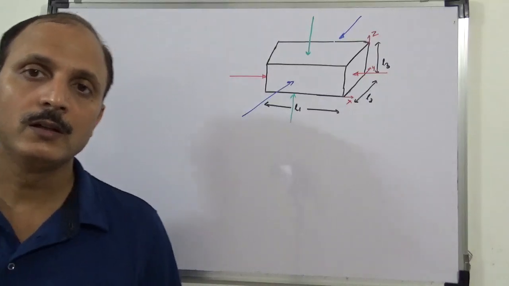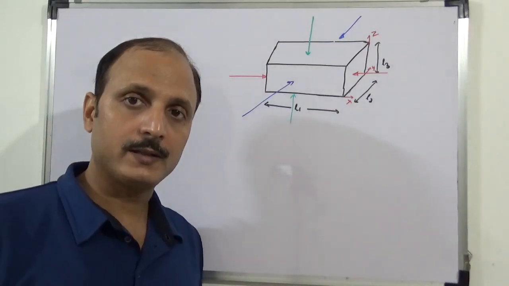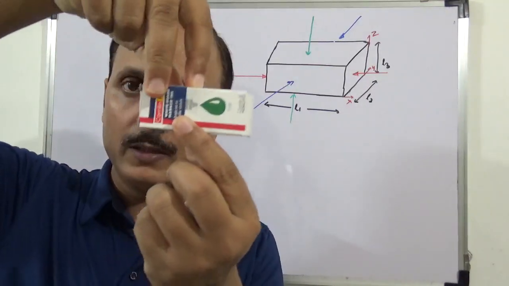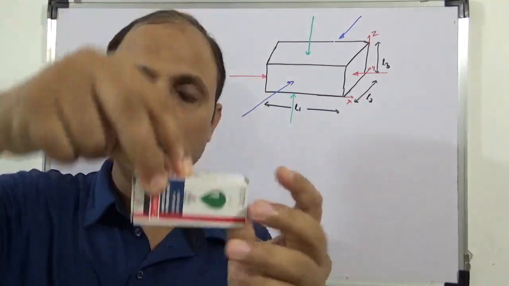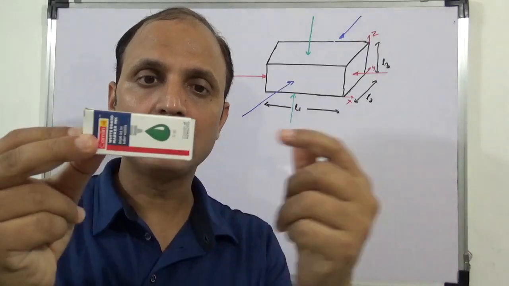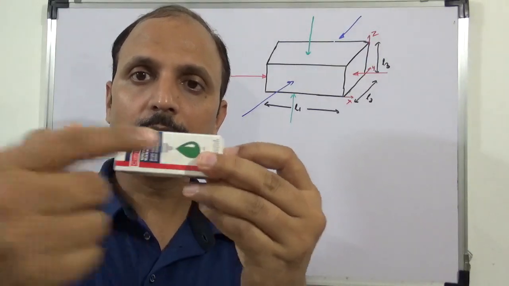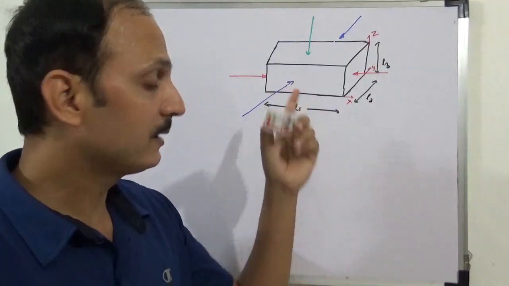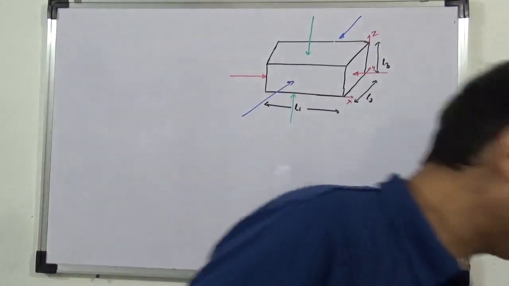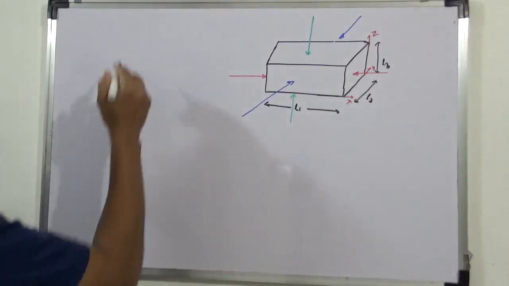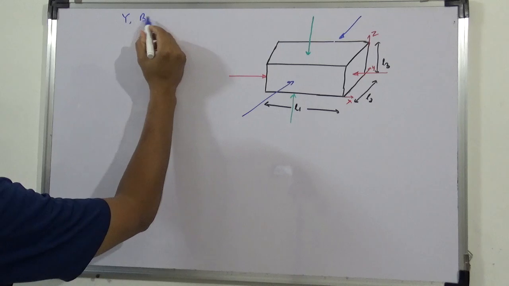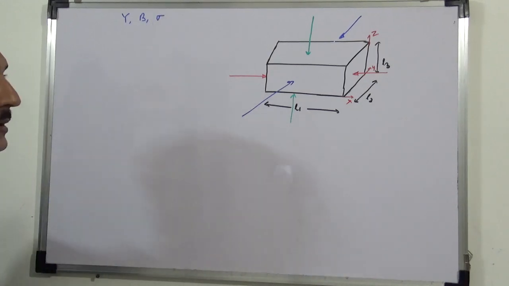So you have to take forces from all directions: one force from here, second from the lower part, and so on from each pair of sides. So we have to get the relation between Young's modulus, bulk modulus, and Poisson's ratio. This relation we have to develop.